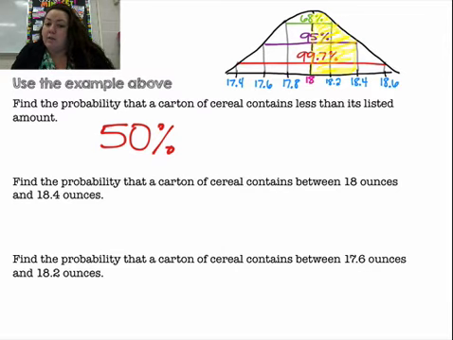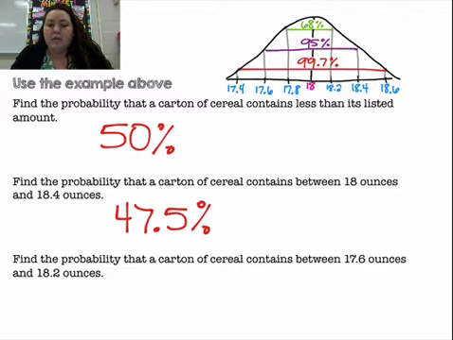So 95% divided by 2. Or you could look at your notes, the first sheet where I broke it into each section. 68 is broken into 34 and 34. And then the next standard deviation is 13.5 and 13.5. So if I add 34% and 13.5%, I'd get 47.5%.